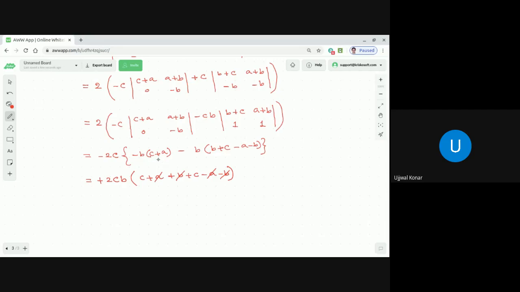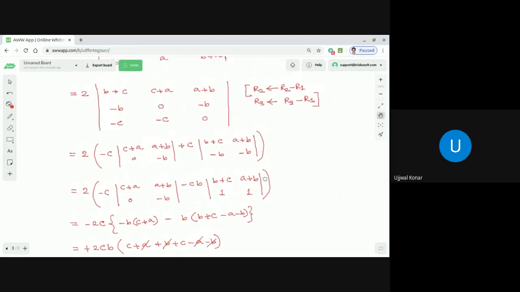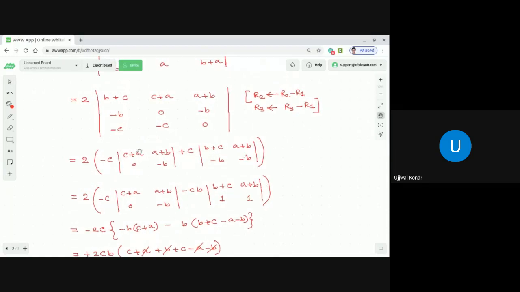What we did is that minus B took common, C plus A, B plus C minus A minus B. So let me look into this sum once more, to see whether I made any mistake here or not. I am expanding with respect to the third row.